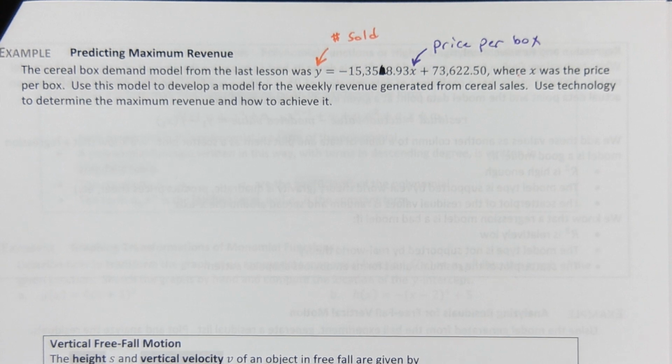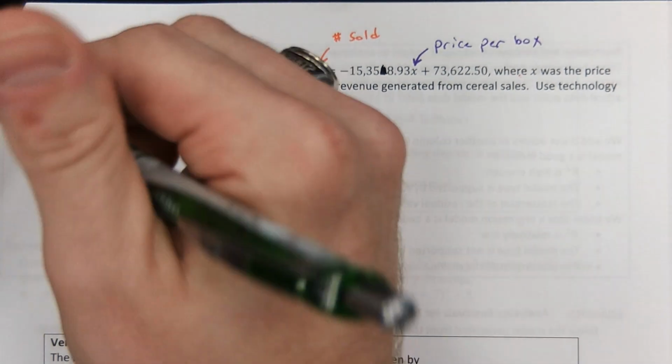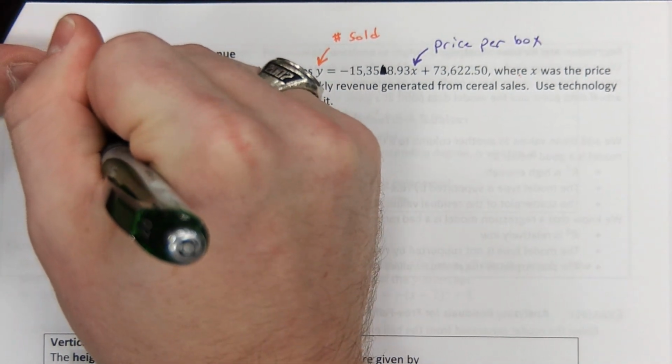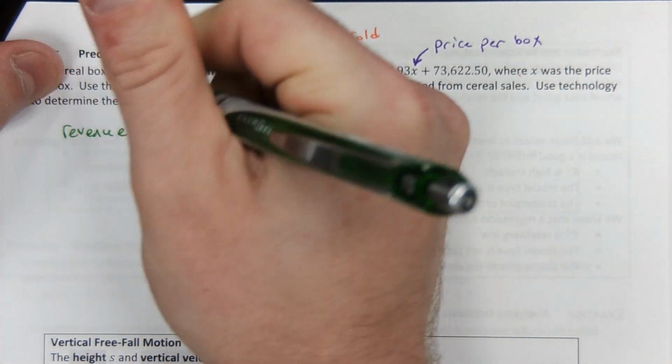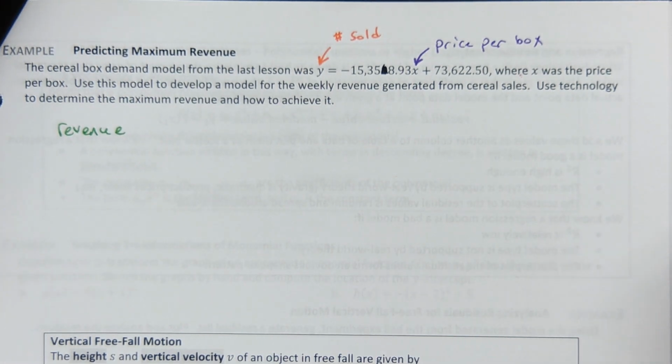Money in, money out, money in. Revenue is money in. That's why I'm going to write it in green. Money in. Tell me, how do I get money in? Well, you're not wrong, but that's not what I'm asking.